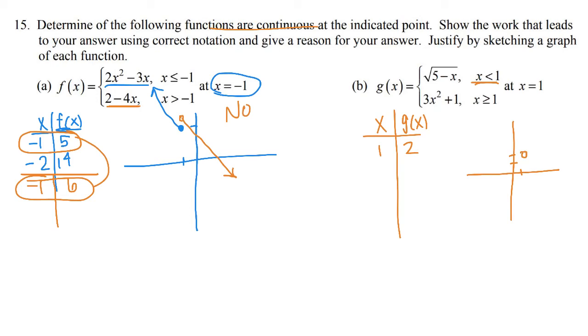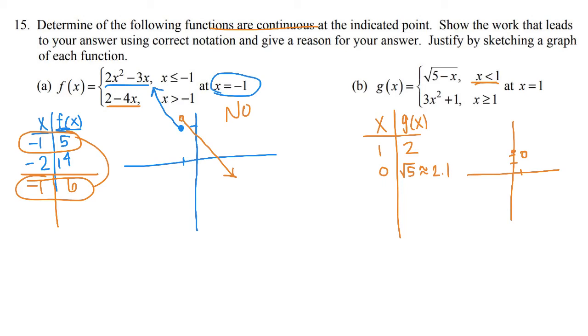And let's see, we are doing values less than. So if I use 0, then I'm going to have the square root of 5. So square root of 5, well, that's got to be just a little bit bigger than 2. So we're going to call it 2.1. So we're at 0, 2.1, so a little bit bigger.